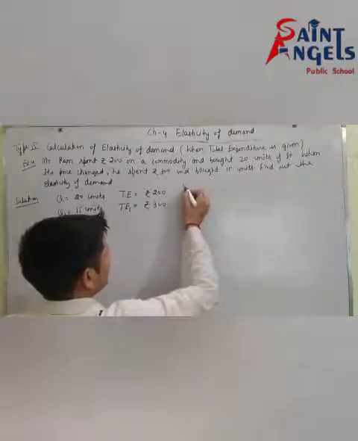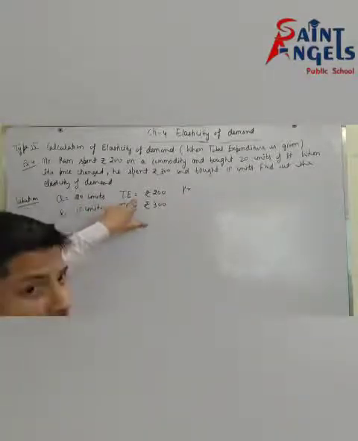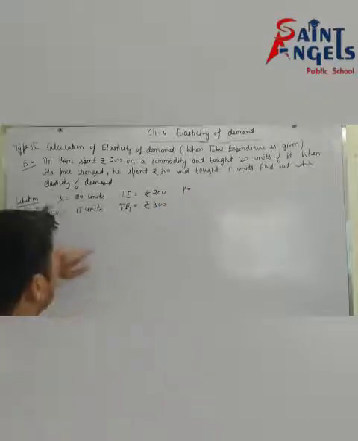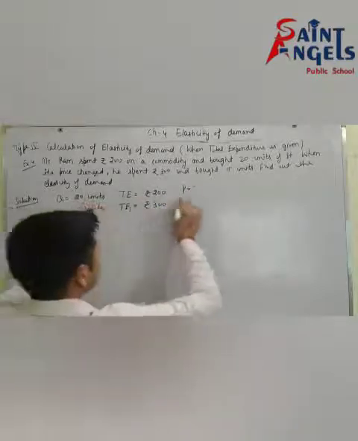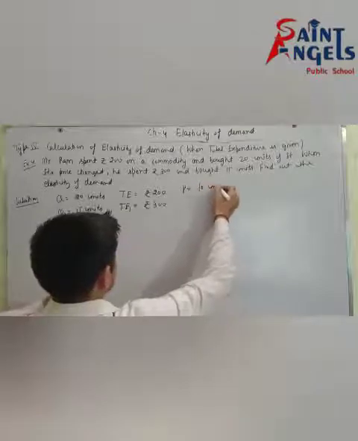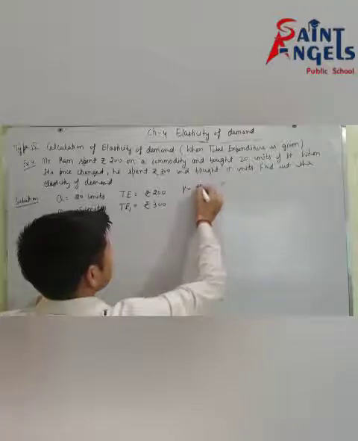Now please find the new price. Initial quantity is given and initial total expenditure is given, so first of all you will find the initial price: 200 divided by 20 means rupee 10.